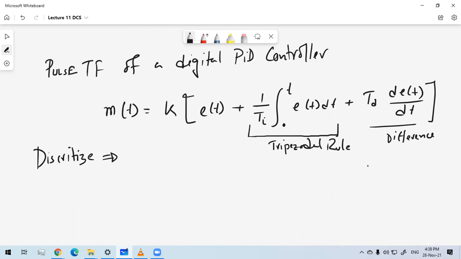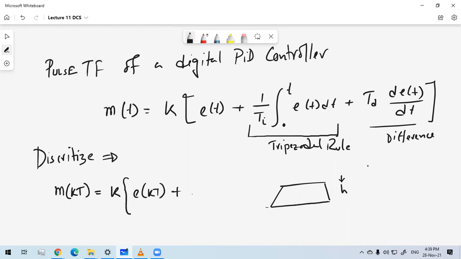So now, if we discretize, then what we have is m(kT) equal to K, the error having been discretized, so e(kT). Then the error, if it is up to the kth sample, then we have to start. The trapezoidal rule is the sum of the bases. If you have a trapezoid, the formula for area under the curve is, if this is your height and this is your A and B, A plus B, the average of the two bases, into height.